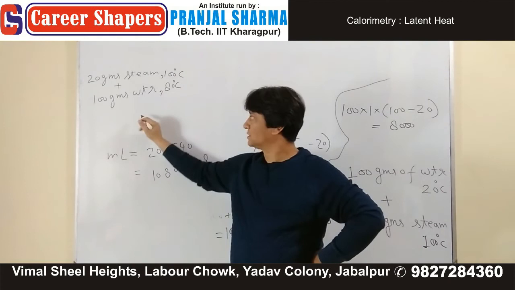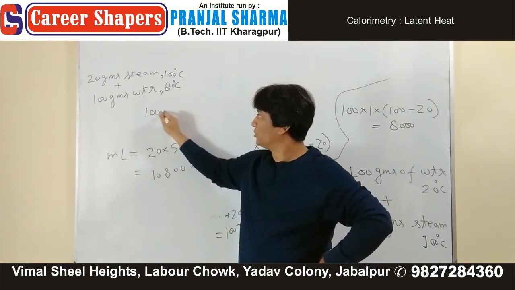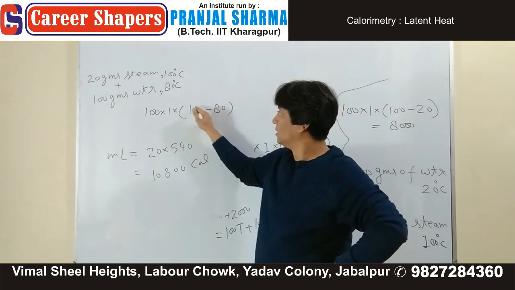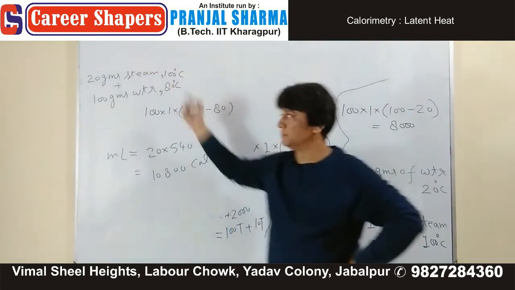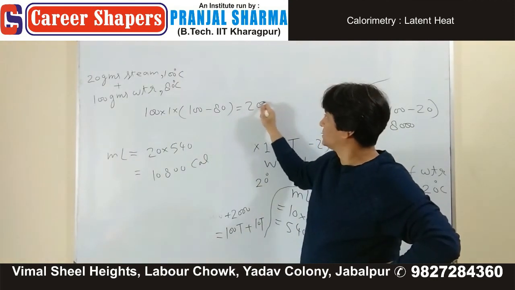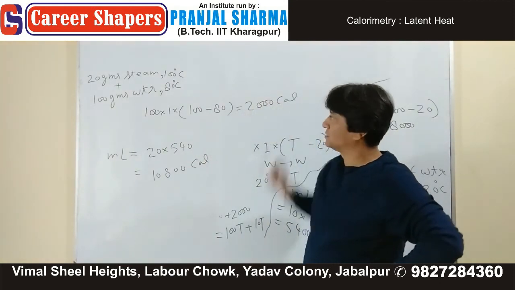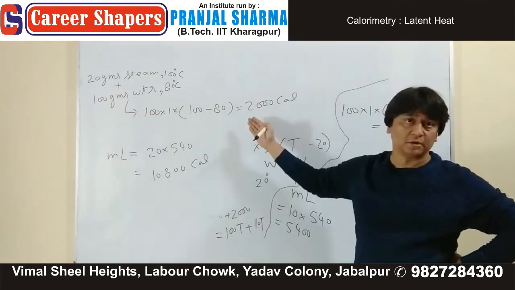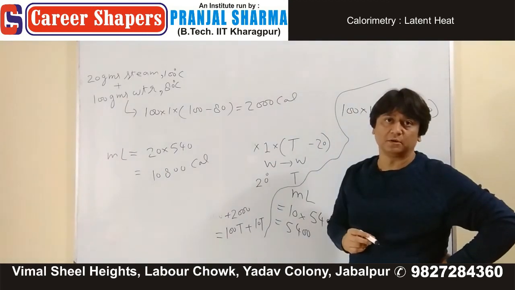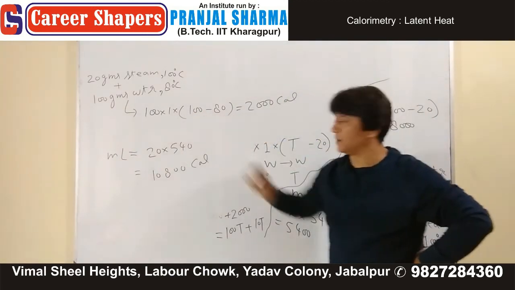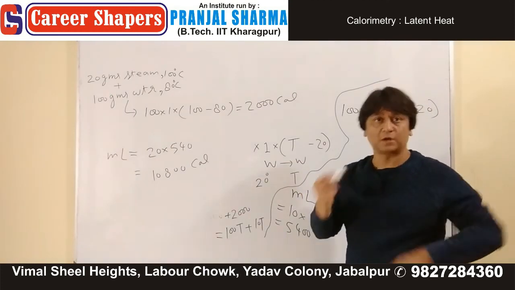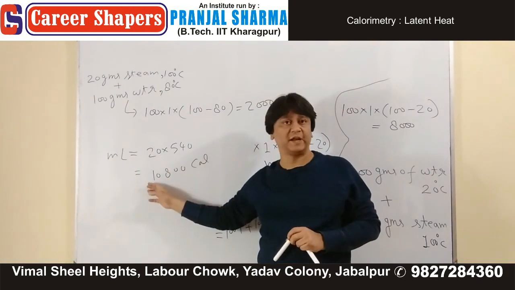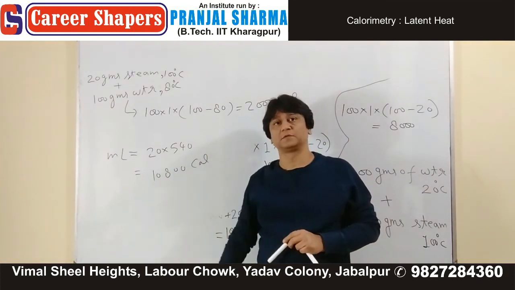This water says if you increase the temperature from 80 to 100, the maximum, even then it only requires this much, 2000 calories. So water says it only needs this much. If you want to increase the temperature from 80 to 100, that means what? That means complete condensation of steam doesn't take place.